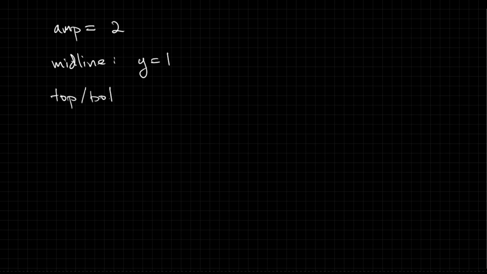So the top and bottom lines would be y equals 1 plus 2, which is 3, and y equals 1 minus 2, which is negative 1. So we get the same answer.